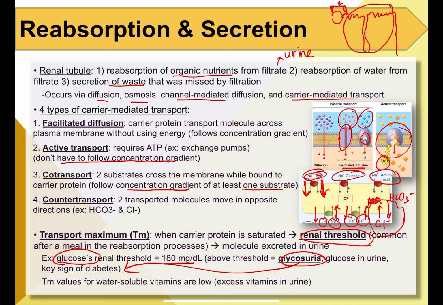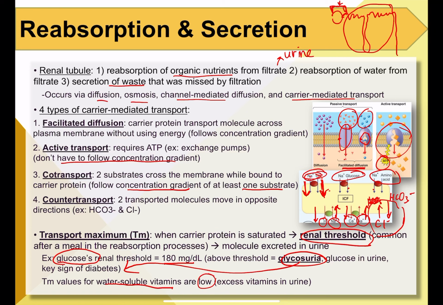Without insulin, that glucose is going to keep circulating around in your cardiovascular system, and ends up going over this renal threshold, which then ends up being a glycosuria problem, and which can be an indication that, hey, you might have the onset of diabetes here. Now, the transport maximum values of water-soluble vitamins are actually much lower than that of glucose.